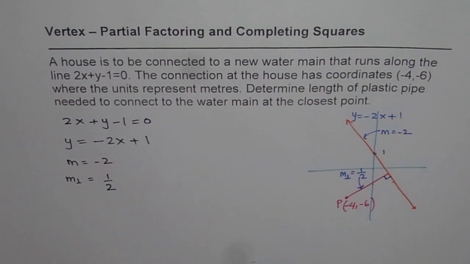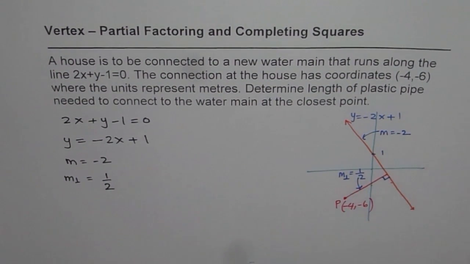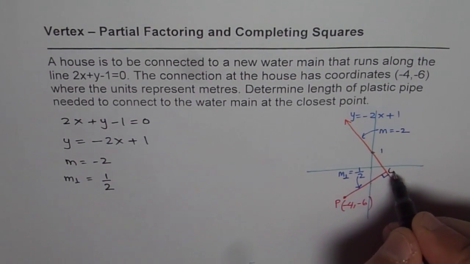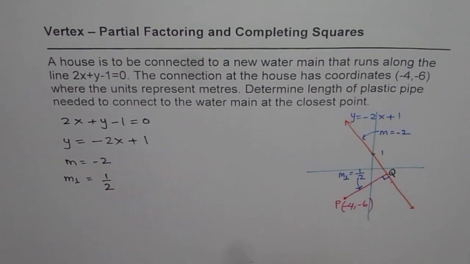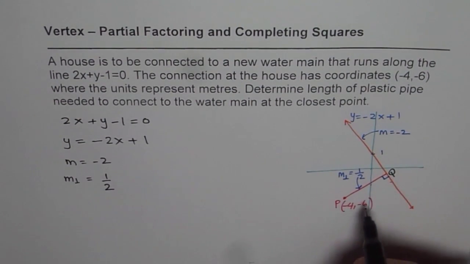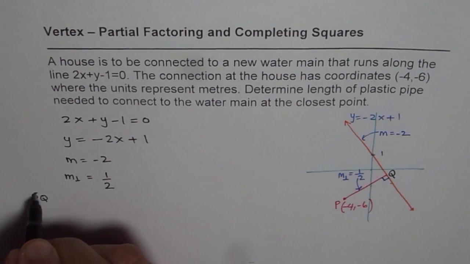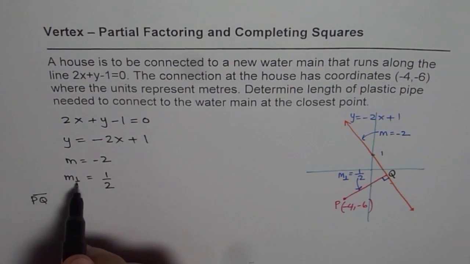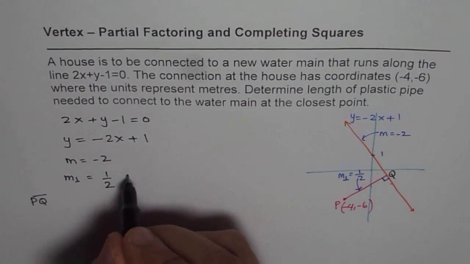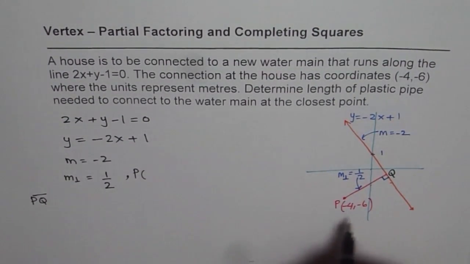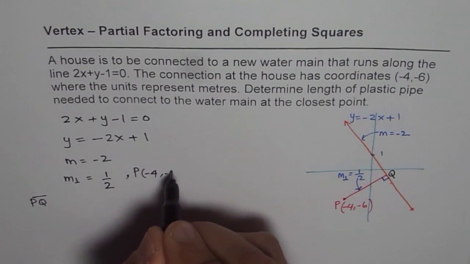Now we have to write the equation of this line, and let us say that the foot of this perpendicular is point Q, which we'll soon find. So let's say line PQ. Now let's find the equation of line PQ, which has a slope of half, and we know the point P is minus 4, minus 6.